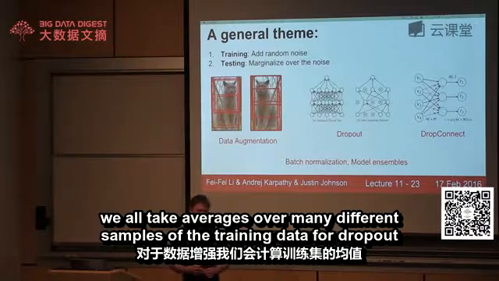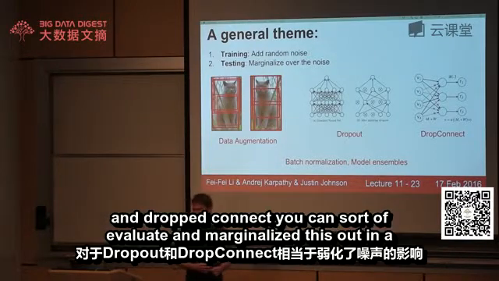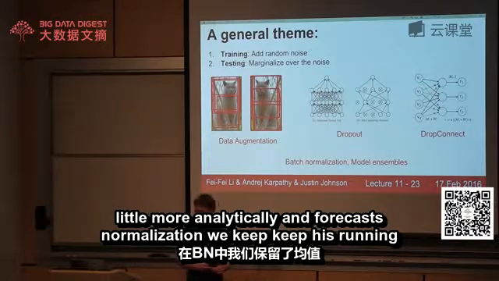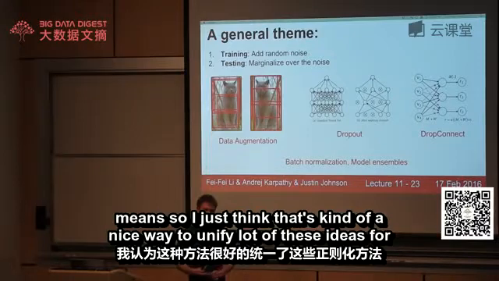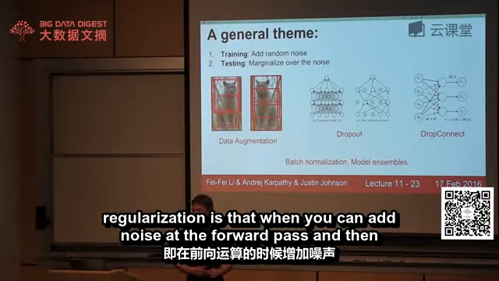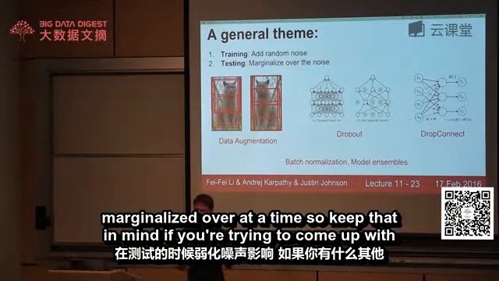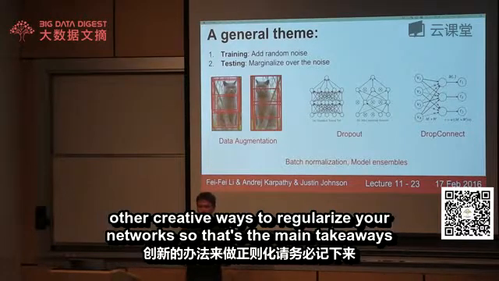For dropout and drop connect, you can evaluate and marginalize this out more analytically. And for batch normalization, we keep these running means. So I think that's a nice way to unify a lot of these ideas for regularization: you add noise at the forward pass and then marginalize over it at test time. So maybe keep that in mind if you're trying to come up with other creative ways to regularize your networks.